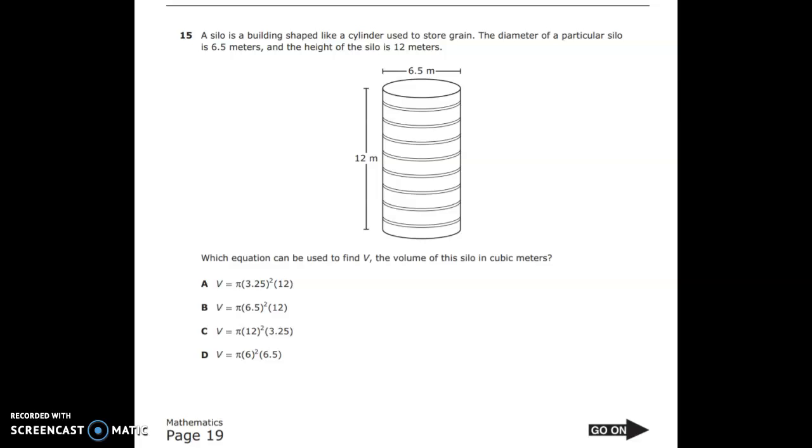V equals pi times 3.25 squared times 12. V equals pi times 6.5 squared times 12. V equals pi times 12 squared times 3.25, or V equals pi times 6 squared times 6.5.